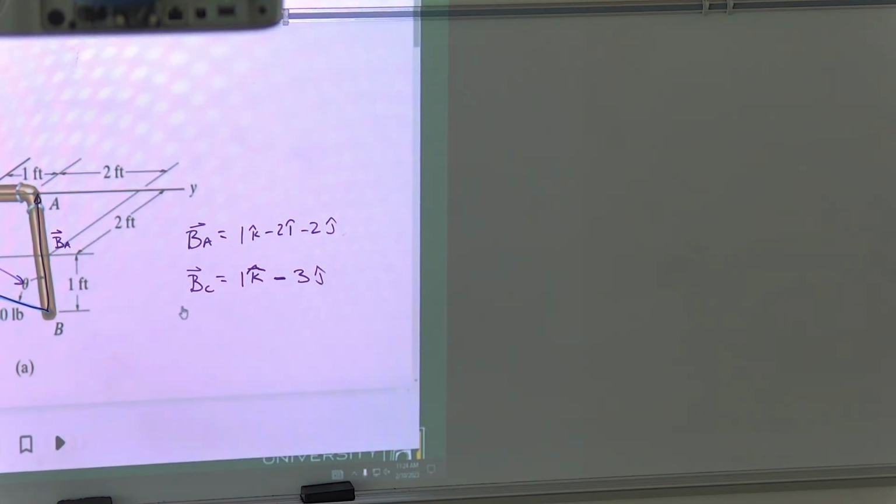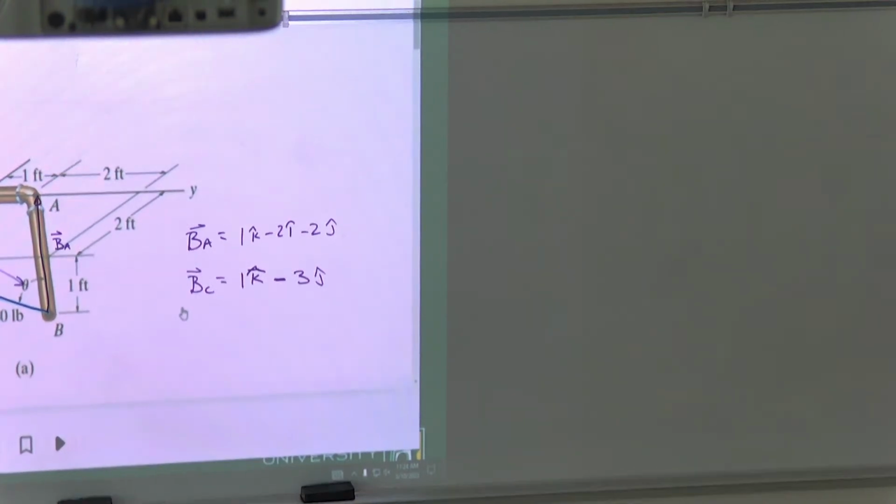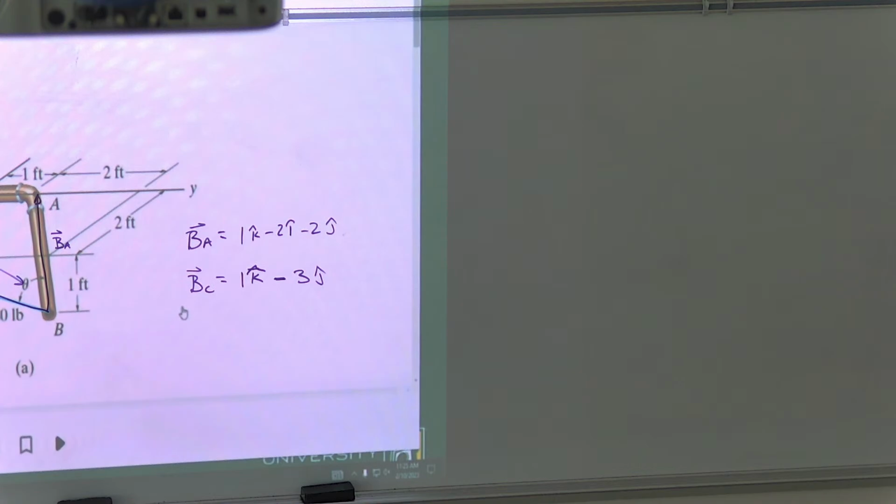I'm going to say, I don't know if this will work, but I'm going to try. BA would be minus 2I minus 2J. I doubt this will work, but it's up. Put the dot indicating a dot product.